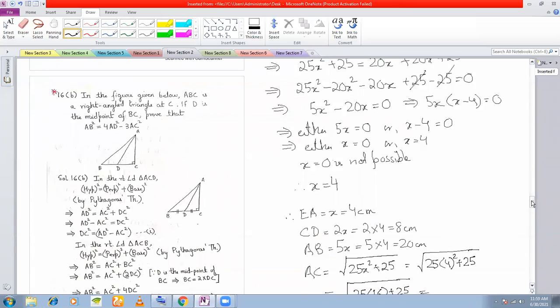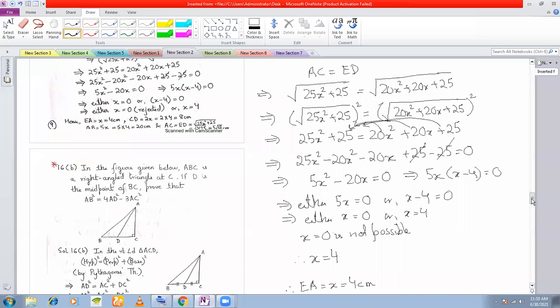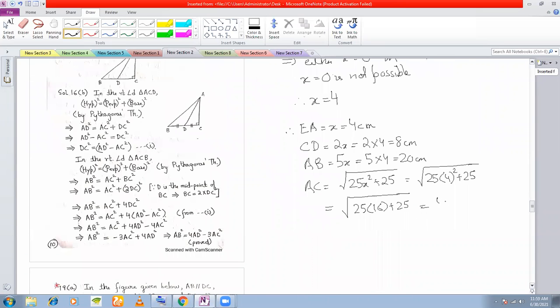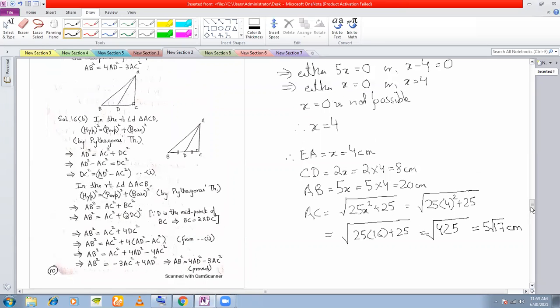Which you will get as 425. Square root of 425, if you convert this to a mixed surd, you will get 5 root 17 centimeters. Okay, so this is how you calculate this.